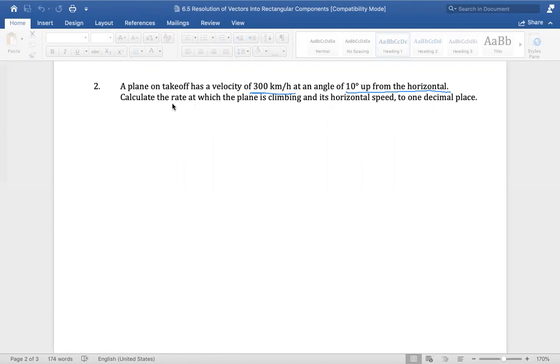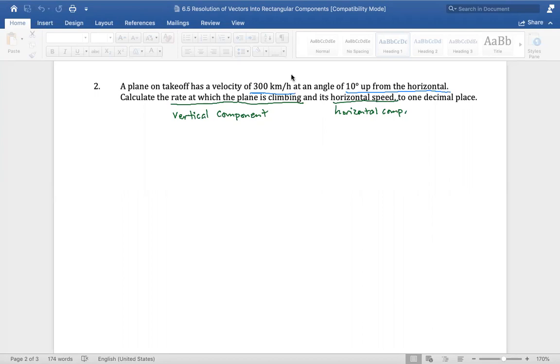The rate at which the plane is climbing would be my vertical component, and its horizontal speed tells you the horizontal component. So I have my vertical component and my horizontal component.